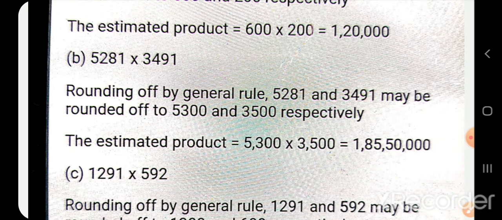But 5,300 is nearer to 5,281. So we will round it off as 5,300.